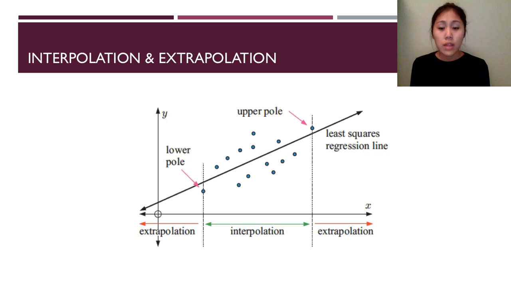Any values that are outside the data set, essentially, where you end up predicting what it looks like at x equals 1,000 or x equals -5, which obviously isn't in this data set, that's called extrapolation. So you just need to know the difference between extrapolation and interpolation.